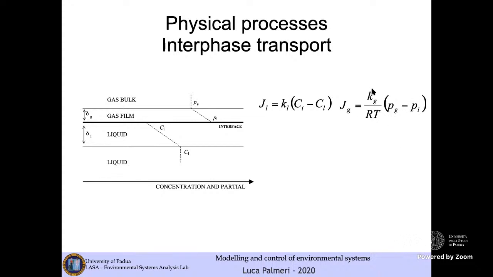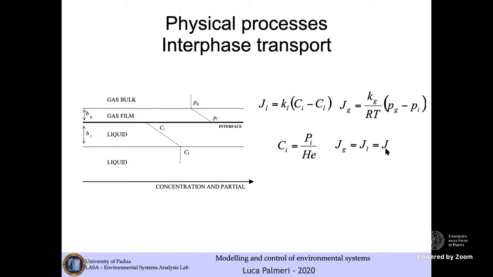For a gas portion, again, you have the same by employing partial pressures instead of concentrations, but you know that we may switch between pressures and concentrations by employing the law of ideal gases. You know that we may find a relationship between concentration and partial pressures by Henry's law.